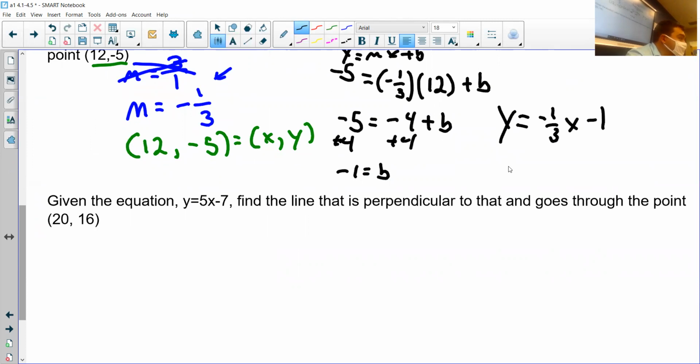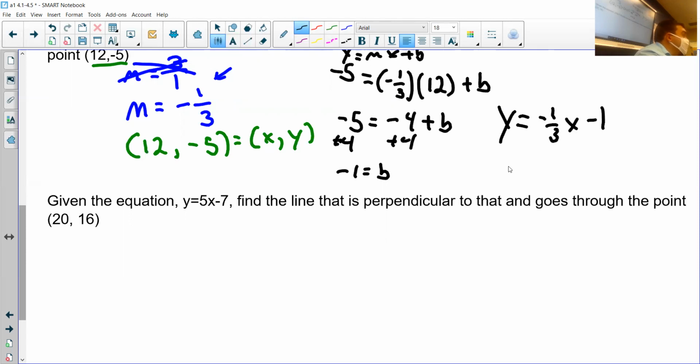Wait, which way are we supposed to do it? The only thing you care about from the original equation is the slope and the b. There's two ways of doing it. It's perpendicular, so what does that mean? Did you write it on the top of your notes?